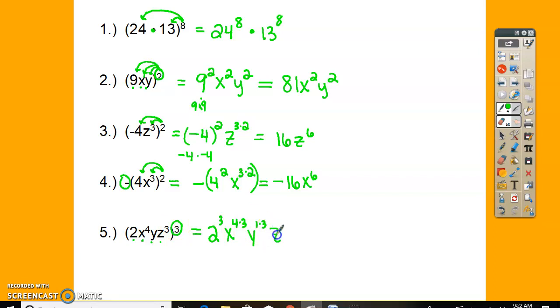And then my z to the 3rd also gets that 3 attached to it. So this 3 gets attached to every piece of your base. And then you just simplify. So 2 to the 3rd power is going to give you 8. You're going to get x to the 12th, y to the 3rd, and then z to the 9th.